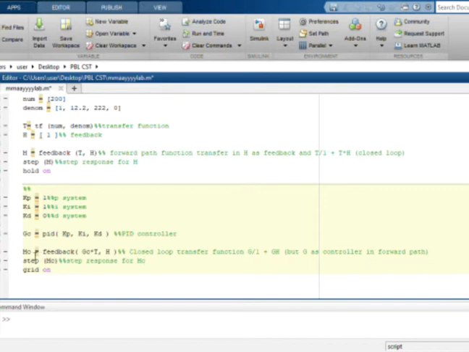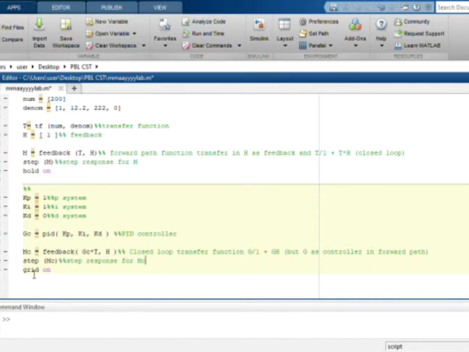Then I'm going to set another transfer function, which is MC equals feedback of GC times T, and H. This is the closed loop transfer function G over 1 plus GH, but I'm going to set G as the controller in the forward path. Then I'm going to set step MC, which is the step response for MC.